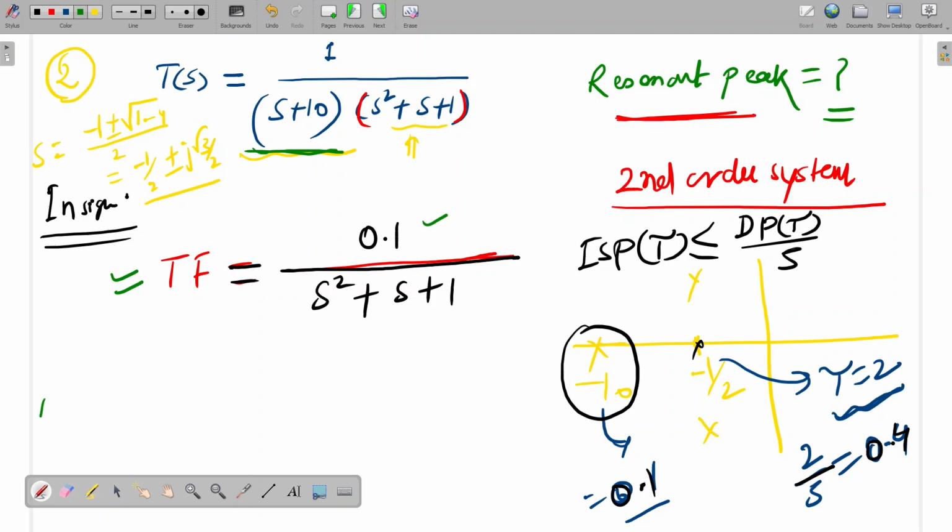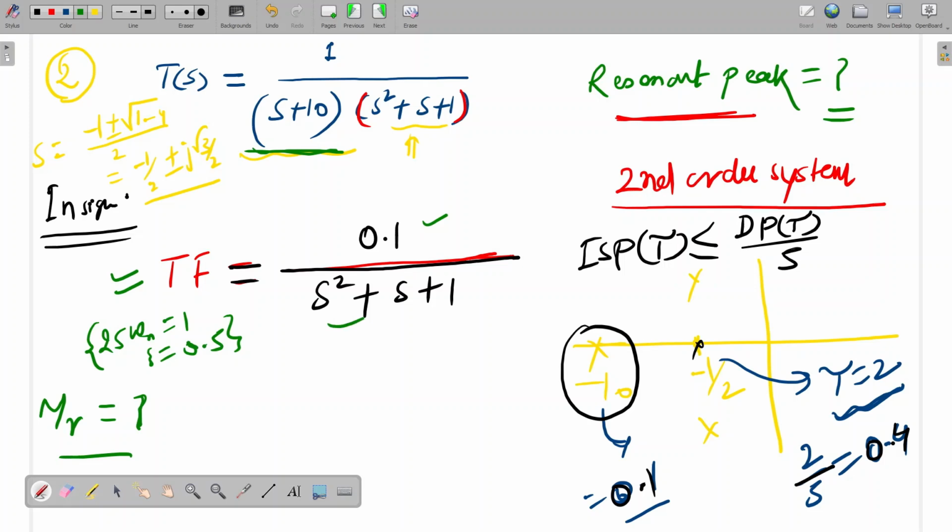Now we have to calculate the value of the resonant peak. That formula already we know, so I am also using that formula. We have to find zeta. Zeta we can find from here. So what is the zeta value? 2 zeta omega n is equal to 1.